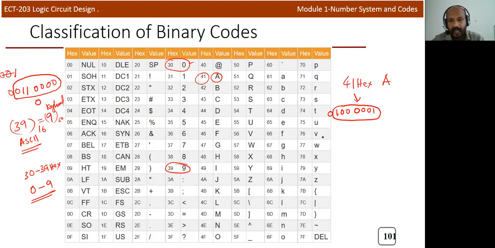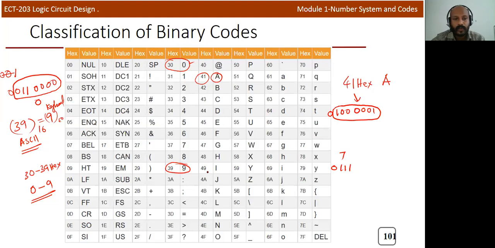If you look at any value, the first bit will be 0. Even if the final value is 7F, writing the 7 in hex gives 0111. That's why I mentioned that ASCII uses 7 bits, not 8. But when you write in hex, we need to write 4 bits. Actually, to represent ASCII code, we require only 7 bits.